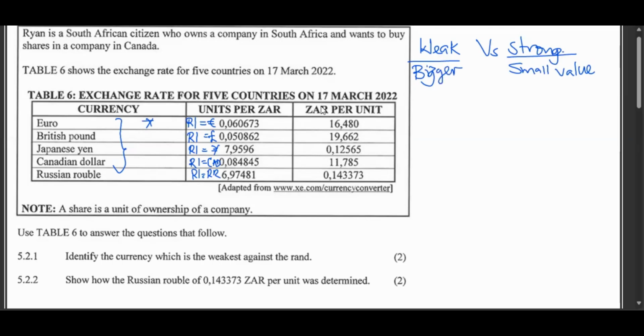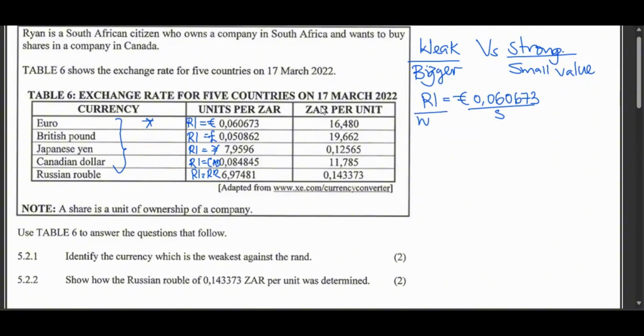A bigger value means weak, and a smaller value means strong. For example, look at that first one. 1 rand, you get 0.0606 euros. Of these, this one is stronger. Why? It has a smaller value, it starts with a 0. Yet this one is weaker because it's a big value. You understand?